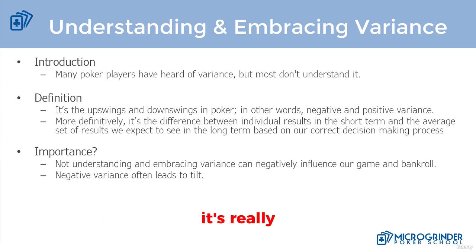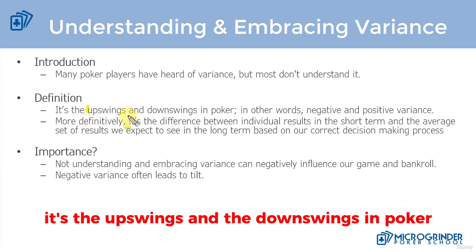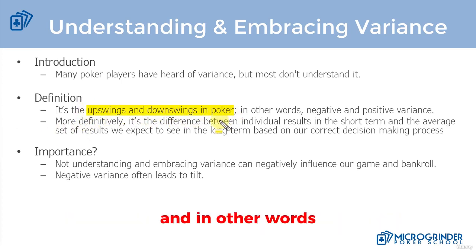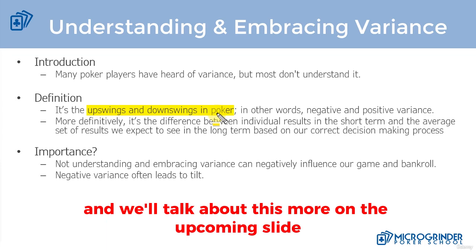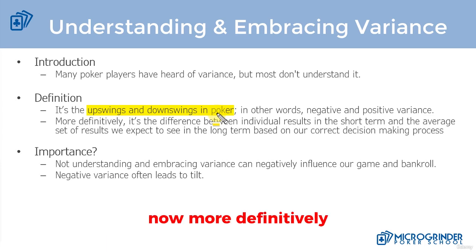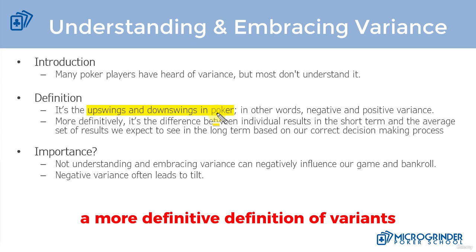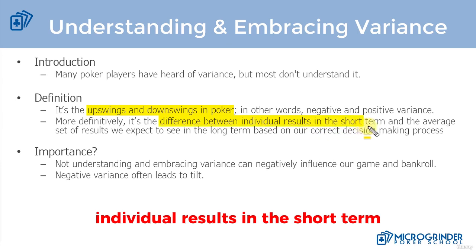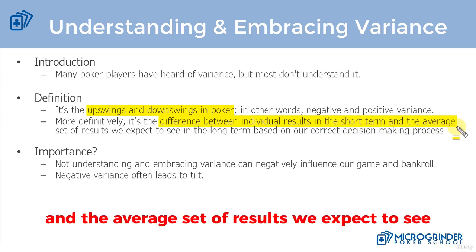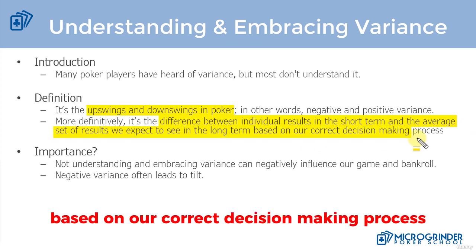Variance is the upswings and the downswings in poker. In other words, this is really the negative and the positive variance in poker, and we'll talk about this more on the upcoming slide. Now, a more definitive definition of variance would be the difference between individual results in the short term and the average set of results we expect to see in the long term based on our correct decision-making process.